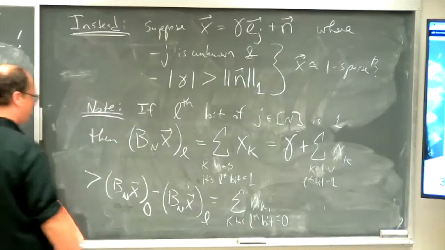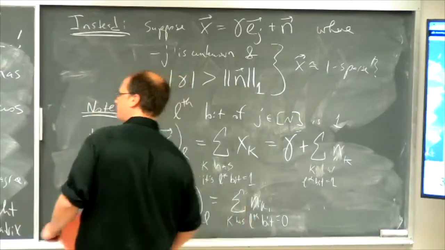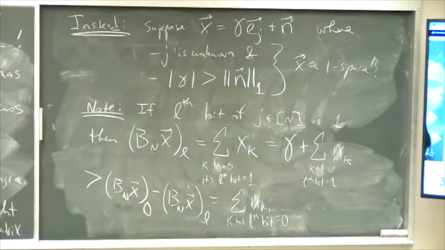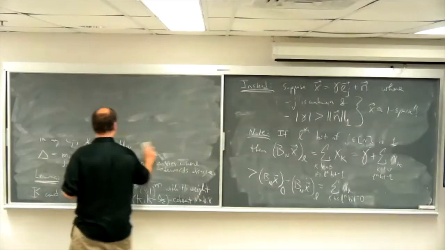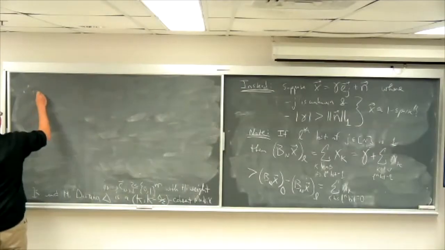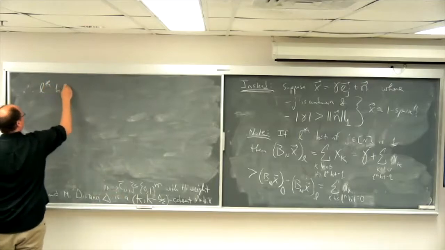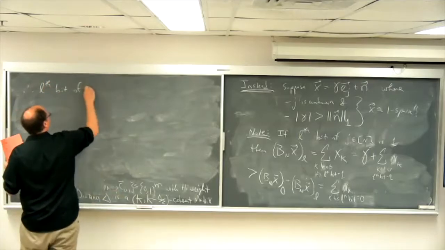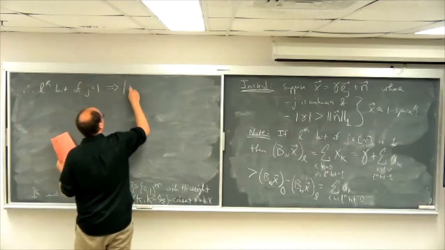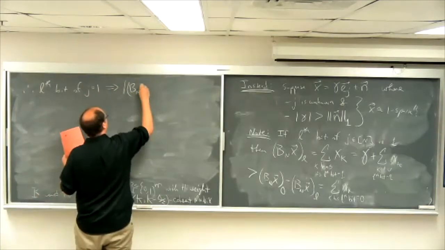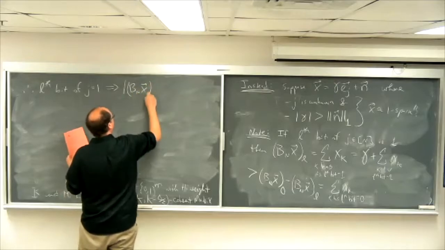So what do we have? At the end of the day, from thinking about things this way, we have a little test, which is why this matrix is called a bit testing matrix. Therefore, if the nth bit of j is equal to 1, then it implies that this comparison that I made is going to hold.